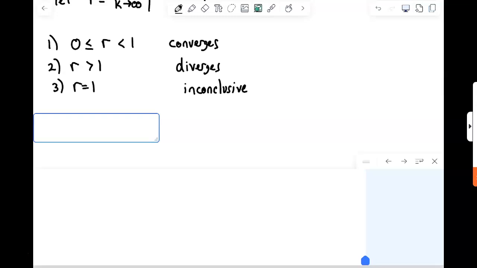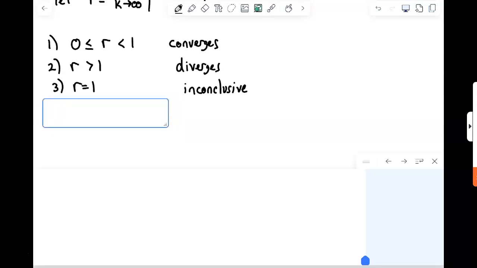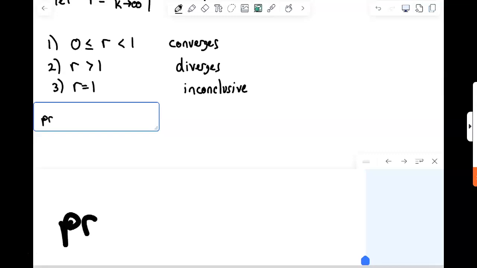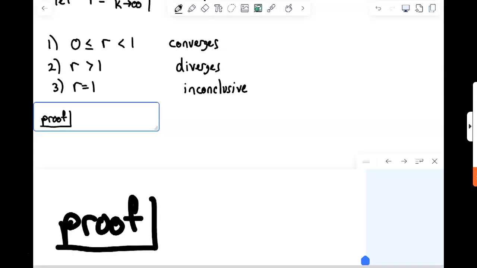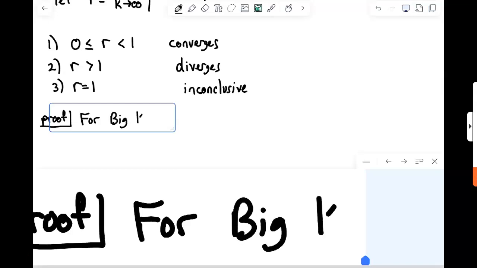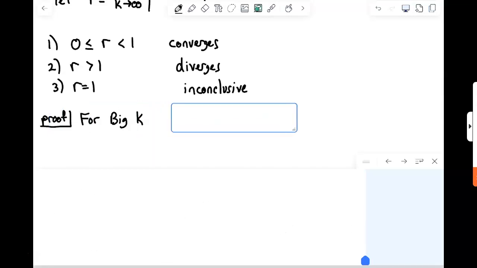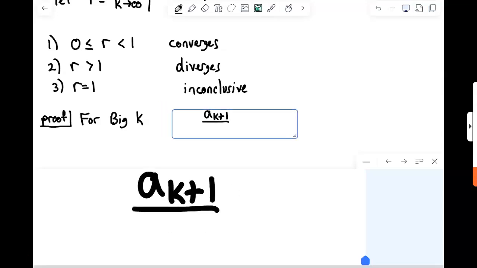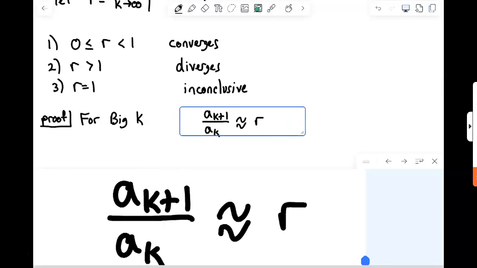So here's the idea. We're actually going to, I won't say prove, but basically sketch the proof out. So here's the idea behind the proof. For very, very big values of k, if the limit is approaching r, then a_(k+1) over a_k is approximately equal to r.